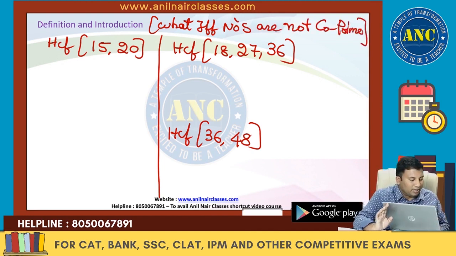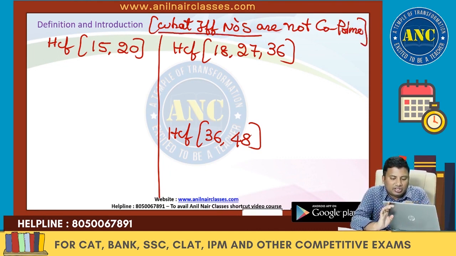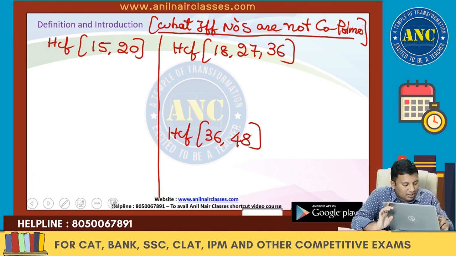What if the numbers are not co-prime to each other? How to find the HCF of the given numbers?